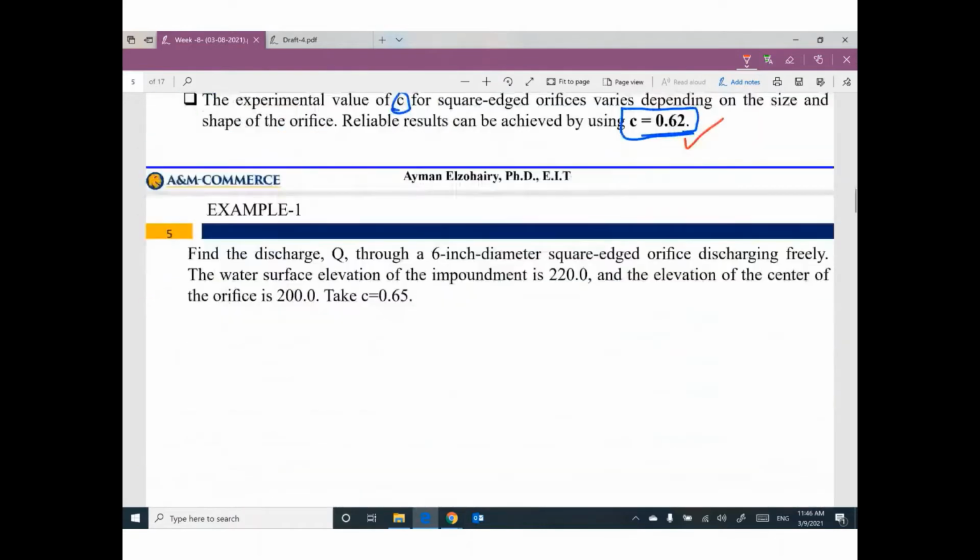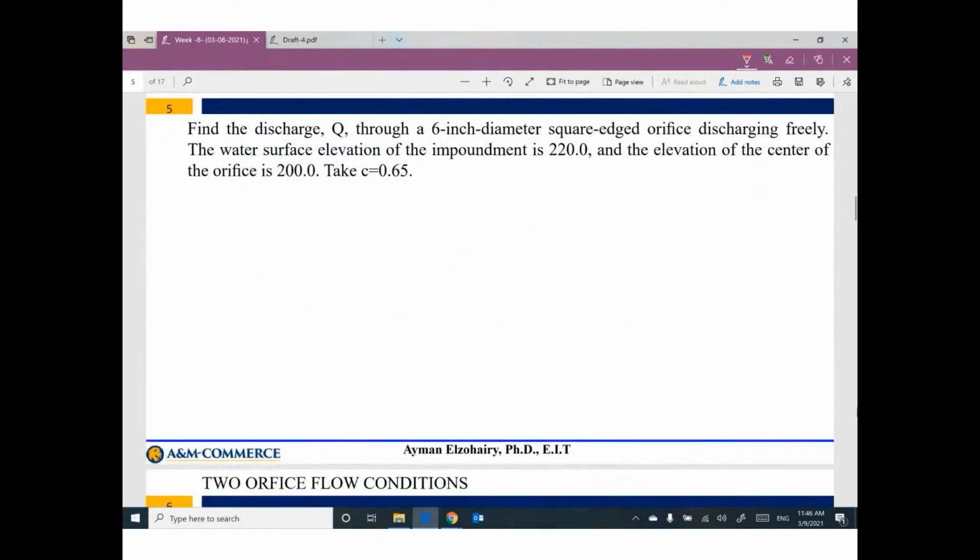We have an example here. Find the discharge Q through a 6-inch diameter square edged orifice, discharging freely. The water surface elevation of the impoundment is 220 and the elevation of the center of the orifice is 200.